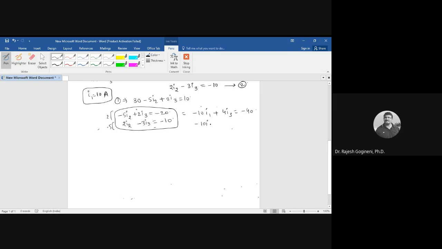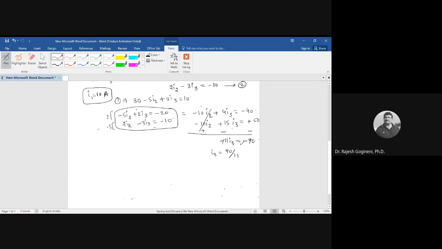Minus 10 I2 plus 15 I3 is equal to plus 50. Right. Plus minus 11 I3 is equal to minus 90. So I3 is 90 by 11.